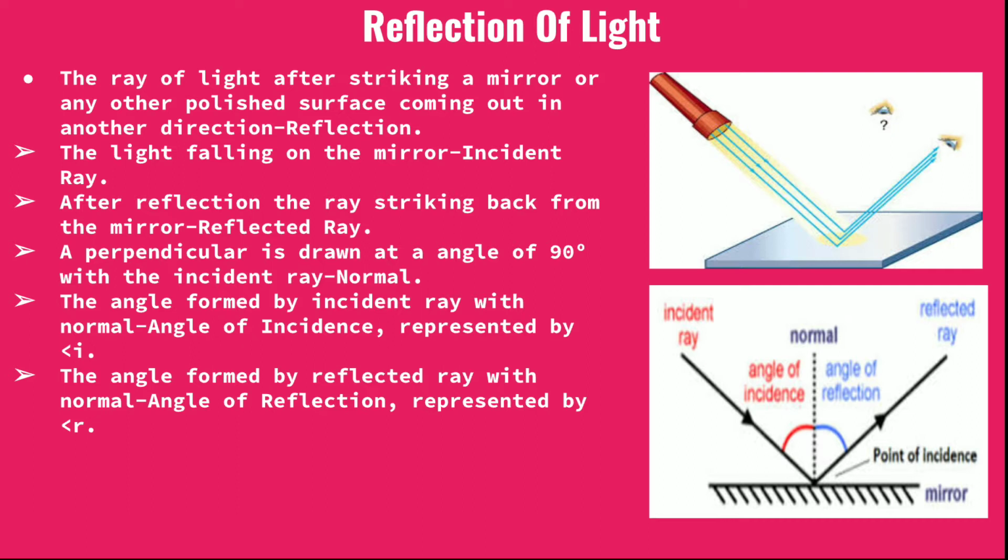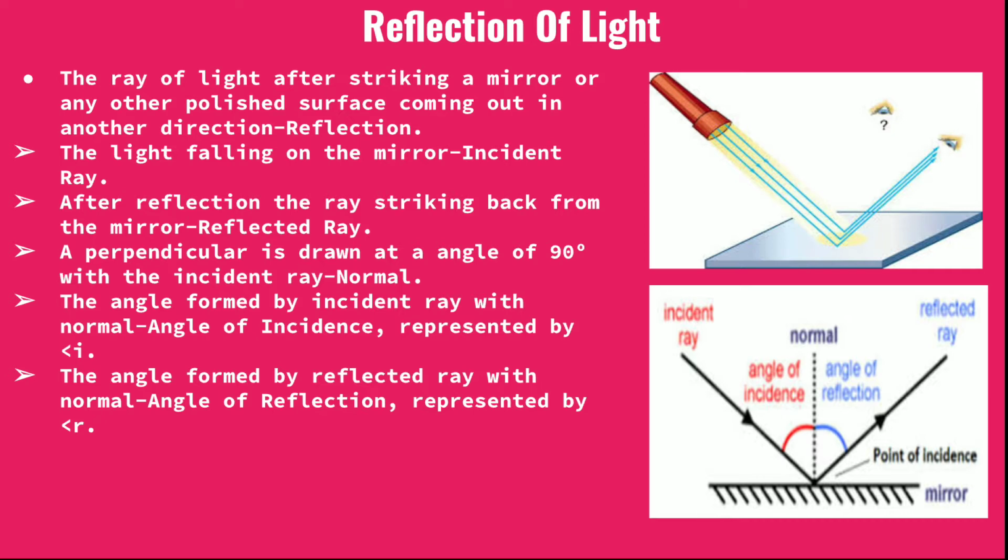Then the angle of incidence, which is represented by angle i, is the angle formed by the incident ray with the normal. That is the angle of incidence, small i.